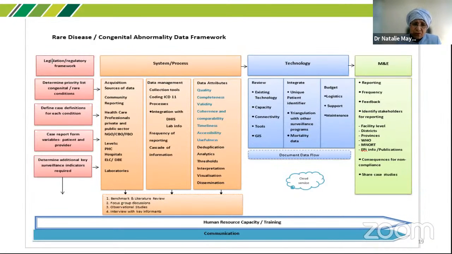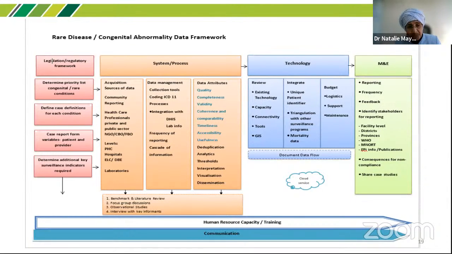And then communication. We need to have a robust communication plan and strategy that speaks to what we're doing, why we're doing it, the rationale for doing it, why it's important, and how we're going to model and utilize this information to model interventions that are going to benefit communities.